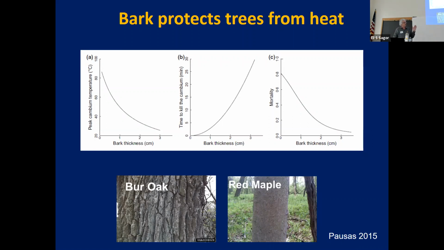But trees use bark to protect their cambium. Here are some graphs that show basic relationships between increasing bark thickness and the peak cambium temperature, or the time to kill the cambium, or the mortality of the stem. And you can see with 2 and 3 centimeters of bark thickness, you have quite a bit of protection of the cambium.